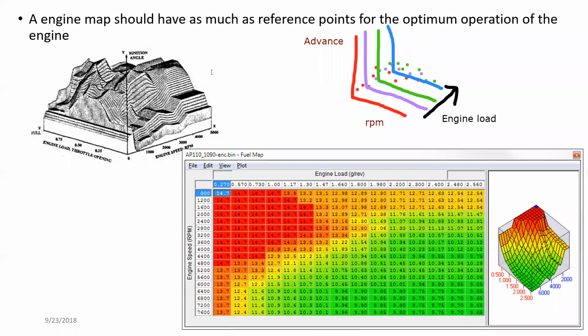Again, I have engine load on one axis and RPM on the other axis, and I don't know whether you can see this. Yes, advance is the other axis.